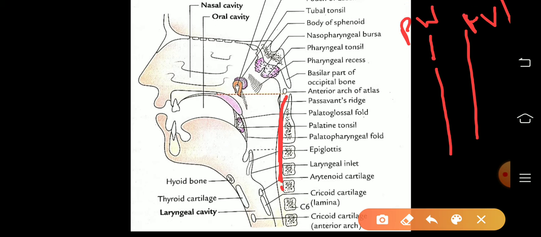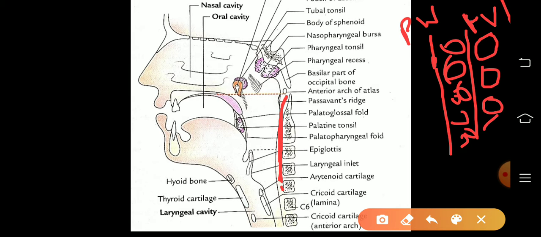Between these there is some loose areolar tissue present. That's why when you're swallowing you don't feel any bony obstruction from the vertebral spine present here, right?